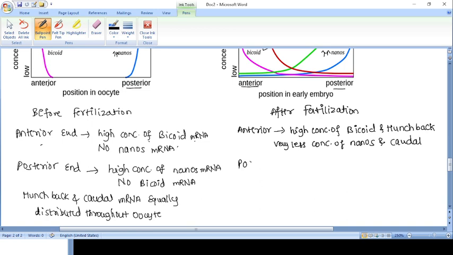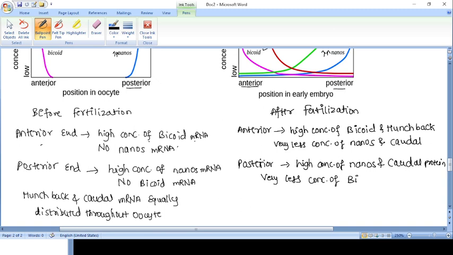Next, in the posterior region, very high concentration of nanos and caudal protein and very less concentration of bicoid and hunchback protein.